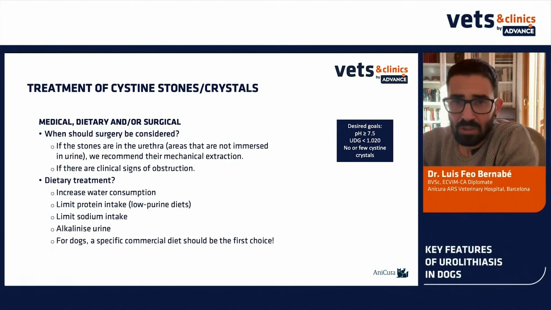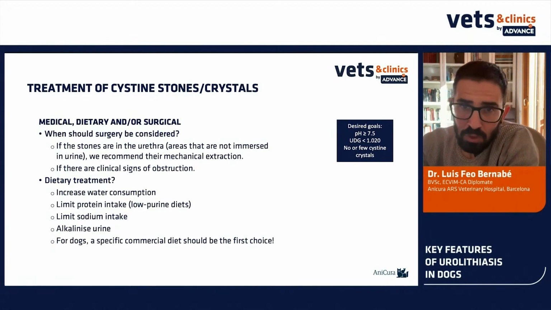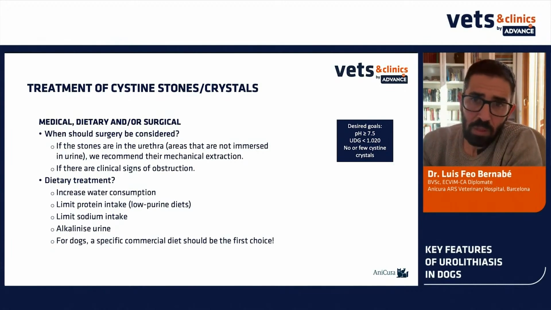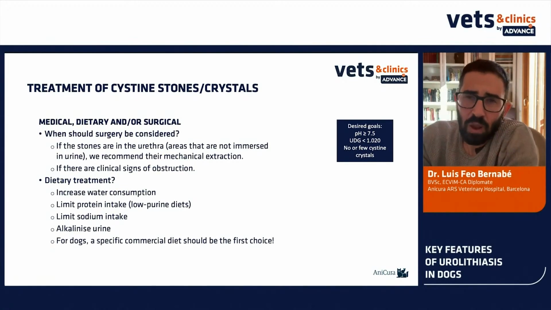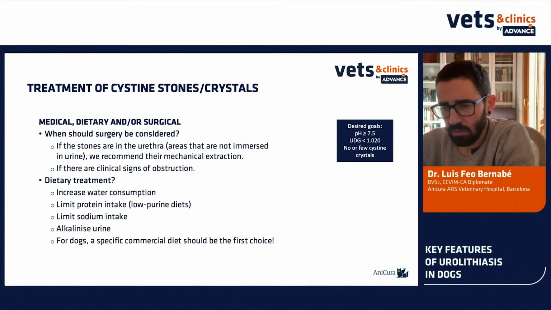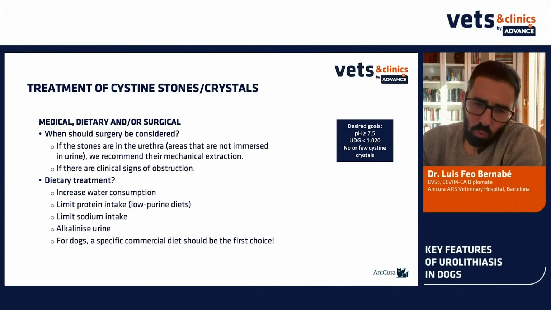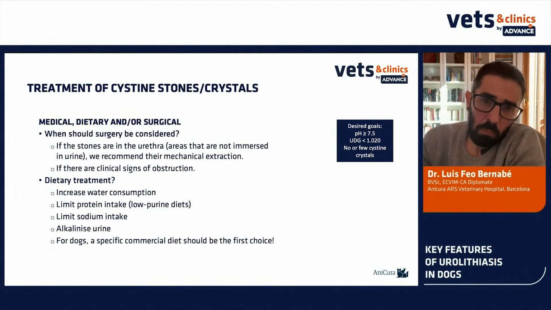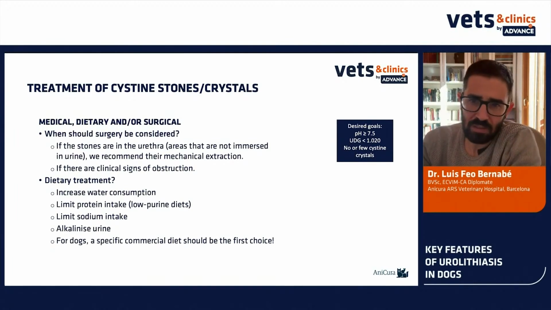The dietary strategy is based on increased water consumption, limiting protein intake as well, with low purine diets, limiting sodium intake, and alkalinizing the urine. And there are specific diets with low purine that you can use to try to completely solve these cases.